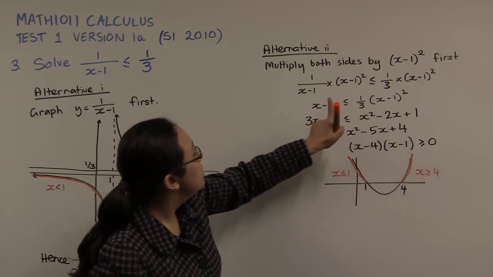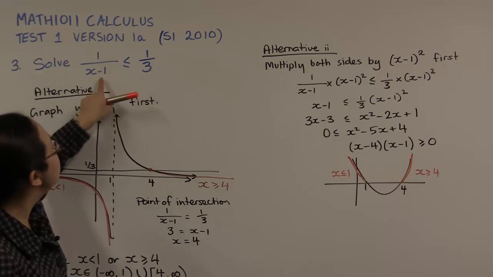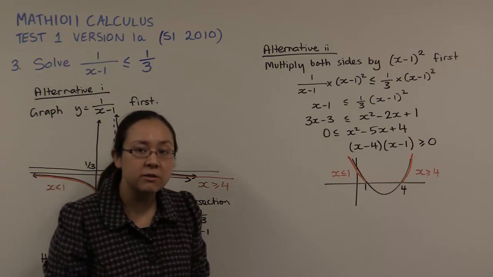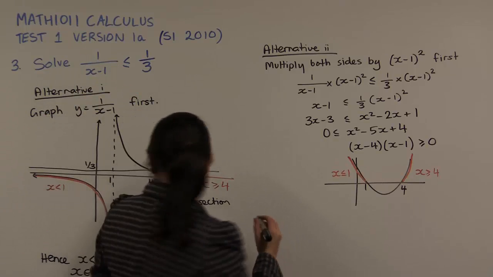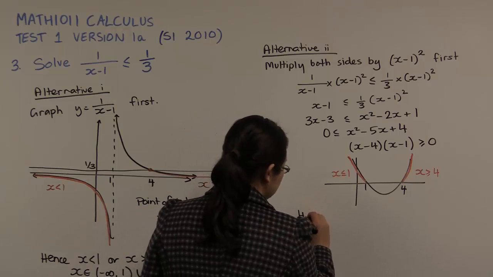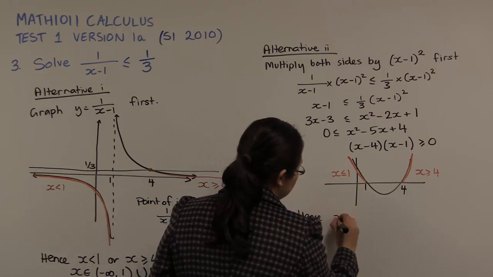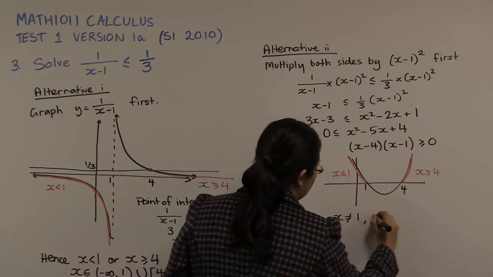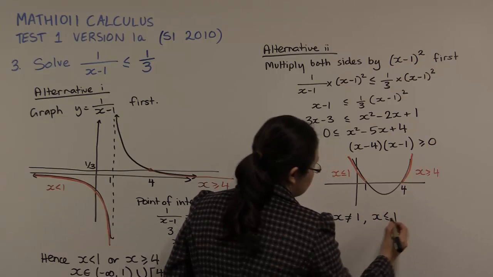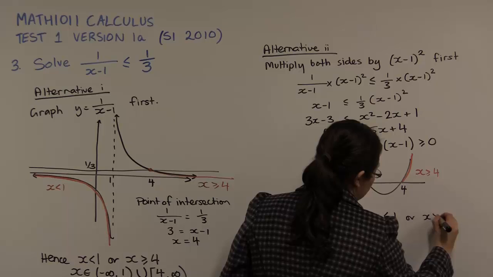However, remember the original inequality was 1 over x minus 1. X could never be 1 in the first place. So for our solution we have to remember x can't equal 1, and x is less than or equal to 1, or x is greater or equal to 4.